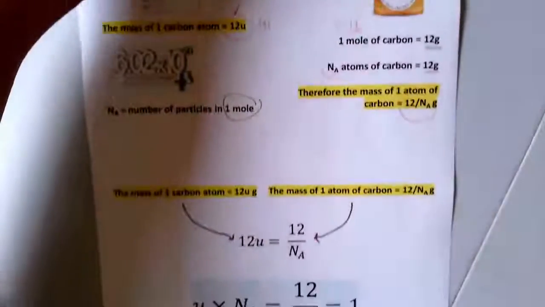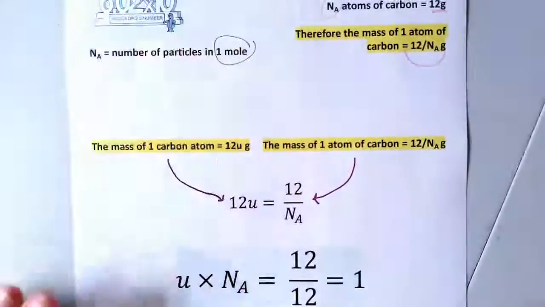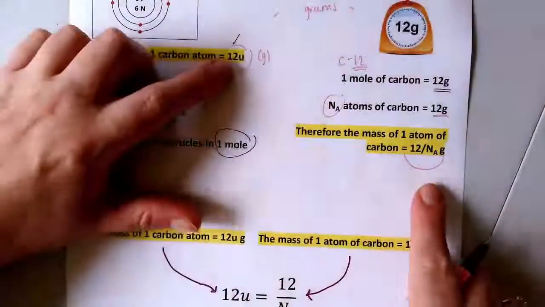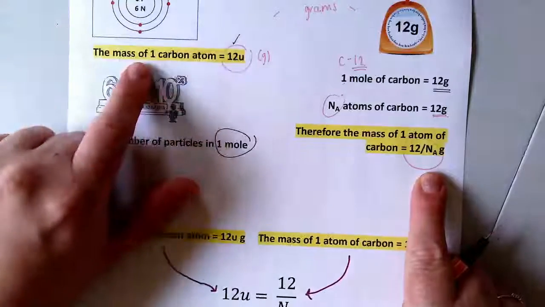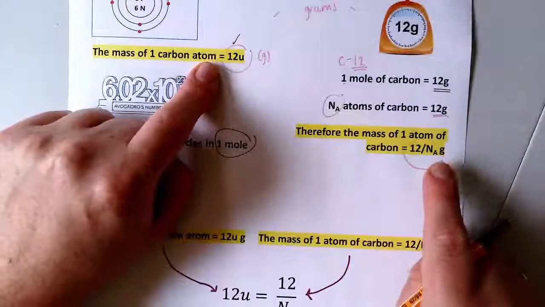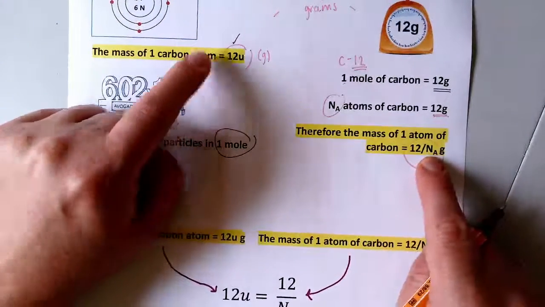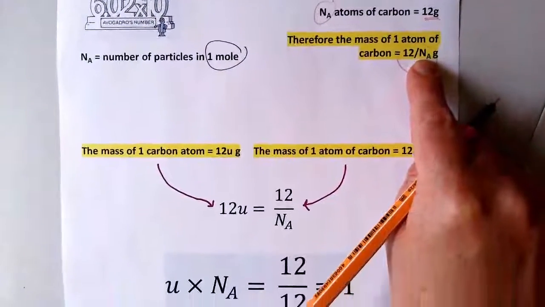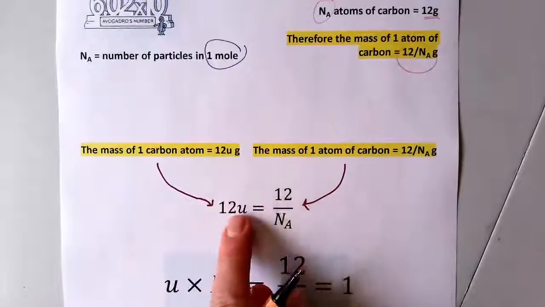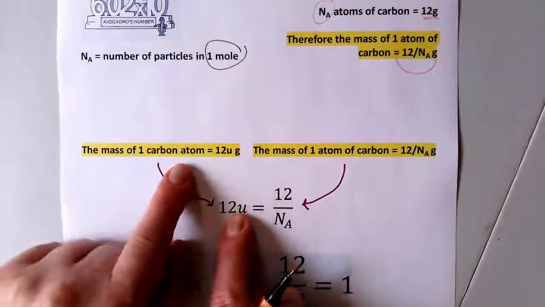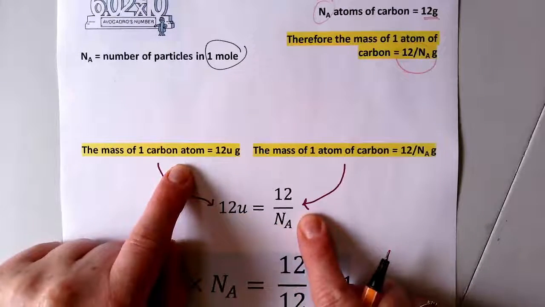Therefore, I take my two things that are equivalent. 12 u, the mass of one carbon atom, must also be equal to 12 over N_A. I say that 12 u is equivalent to 12 over N_A.